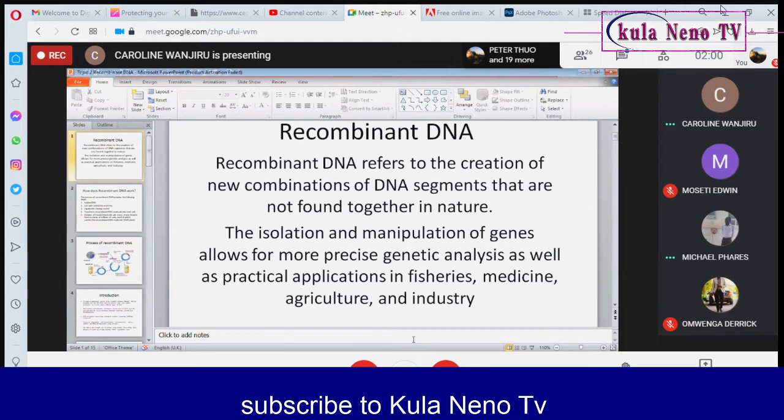Once you are sure that the new gene is already combined with the host cell, you can think of multiplying it so that you can have many genes of interest. Remember, after you clone, you want to produce as many as possible.